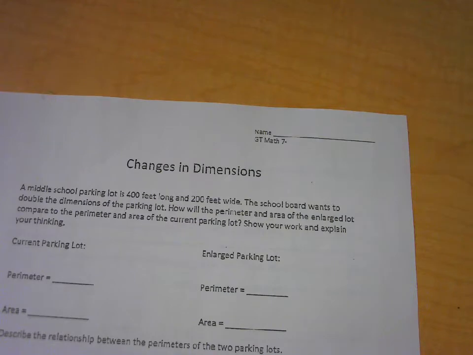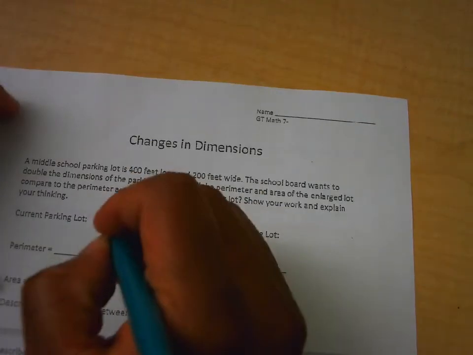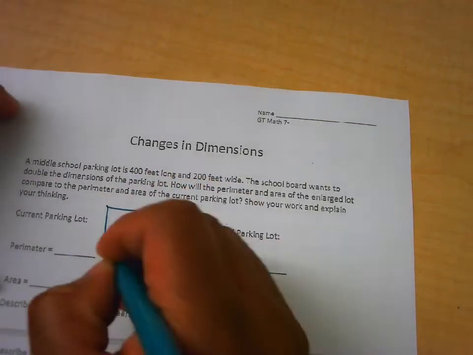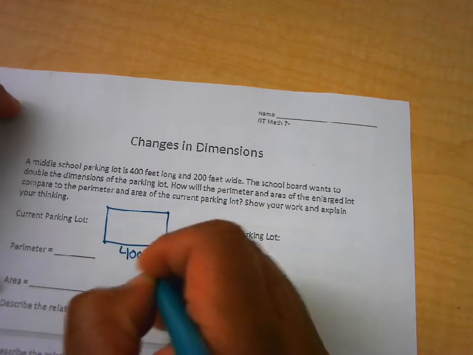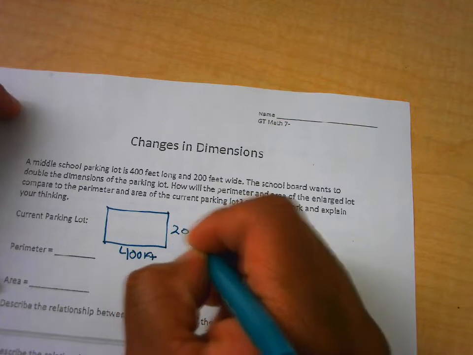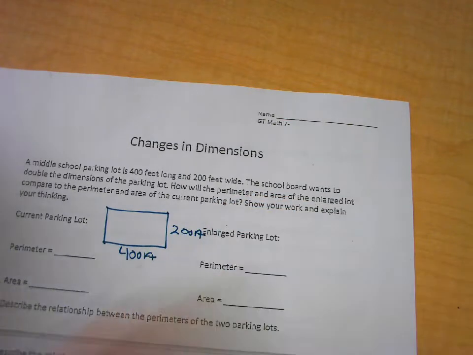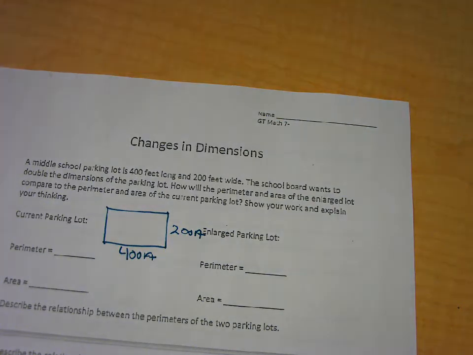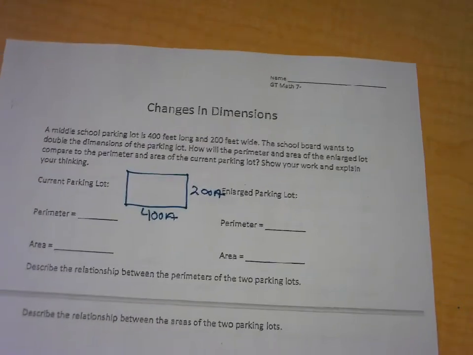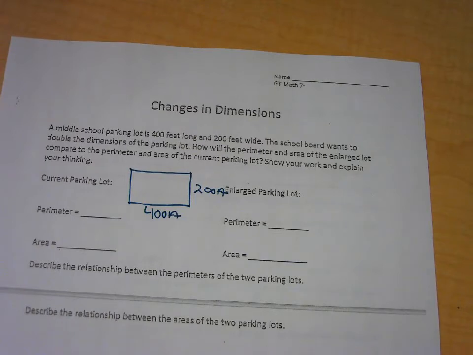So the current parking lot is 400 feet long and 200 feet wide. So for perimeter, that means you measure the distance around this shape of this parking lot.